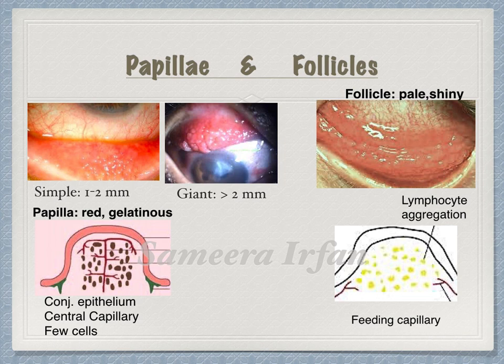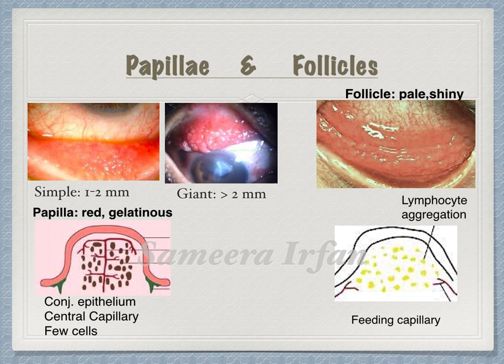Follicles are seen mainly in the tarsal conjunctiva, and they are formed in response to infection or toxicity. Follicles are pale, shiny, tiny aggregates of lymphocytes. As I told you, B and T lymphocytes are present in the substantia propria as well as in the fibrous layer of the conjunctiva, and they proliferate in response to viral or chlamydial infection or drug toxicity.